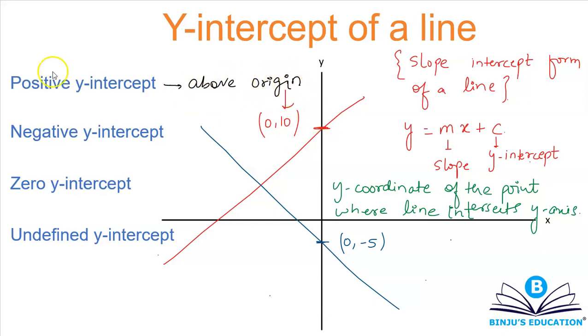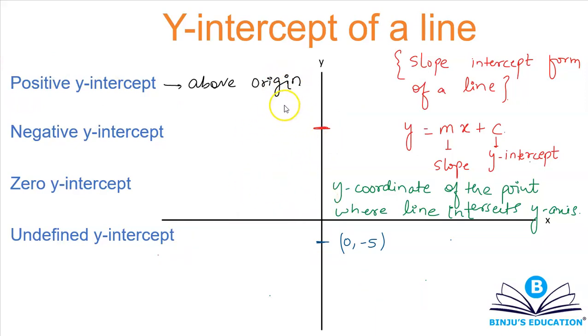Because above origin y is always positive, right? We just discussed that above the x-axis, whenever you take a y-coordinate it is always positive. So whenever a line intersects the y-axis above origin, the y-intercept is always positive.